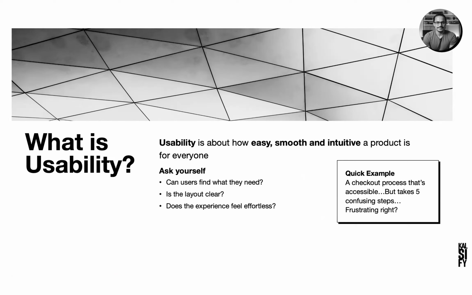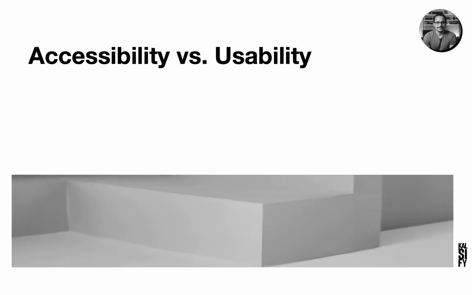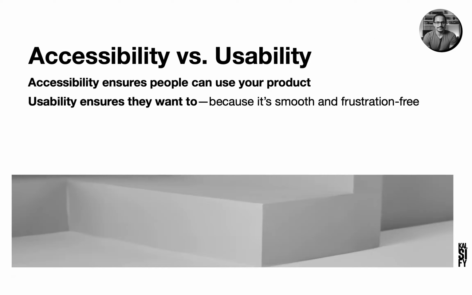Most people just quit and bounce. Ideally, what should happen? Simplify the navigation, reduce mental effort, and create a checkout flow that feels effortless. So, here's the key difference: accessibility makes sure people can use it, usability makes sure they actually want to, because it's just that smooth. And when you combine both, that's where the magic happens.